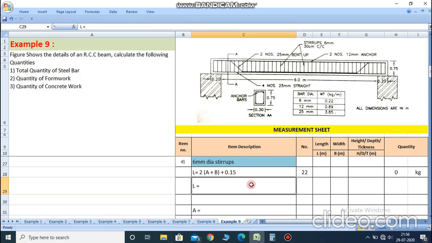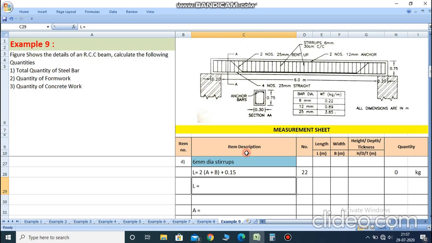Then for finding out the length of the stirrups, we calculate by this equation: L is equal to 2 times (A plus B) plus 0.15. Here A is the 0.75 side, meaning the length side, and B is the width side.